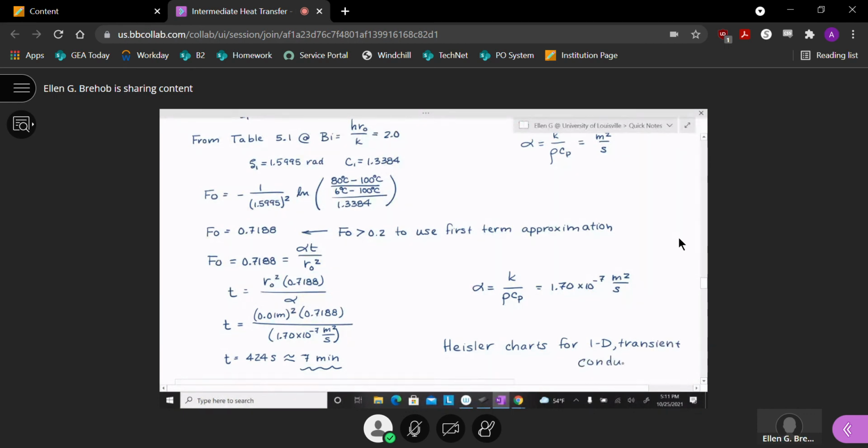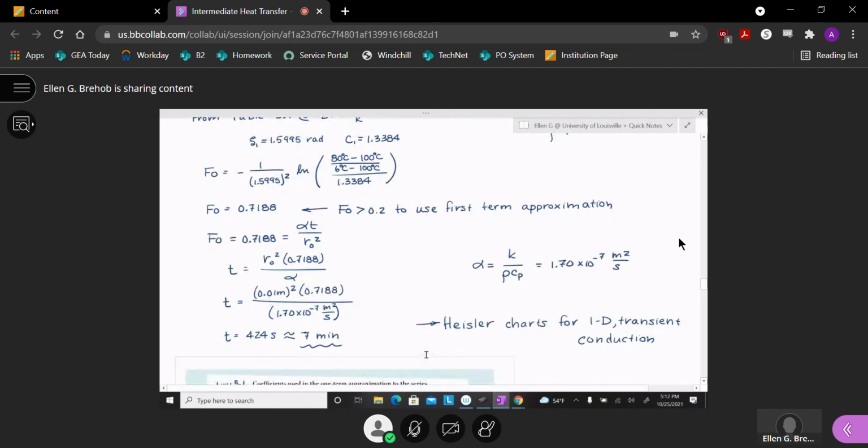Okay. All right. So in our book, they don't even use the Heisler charts anymore. They used to be in there, but they're gone. But I do know that some other heat transfer books continue to use Heisler charts, and I was just interested. But these equations aren't too onerous to use.